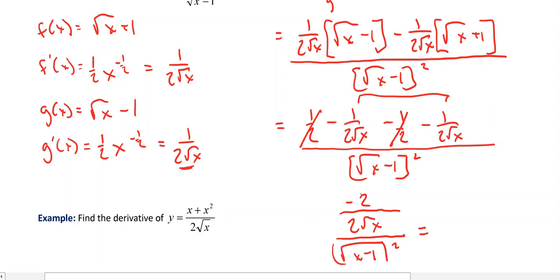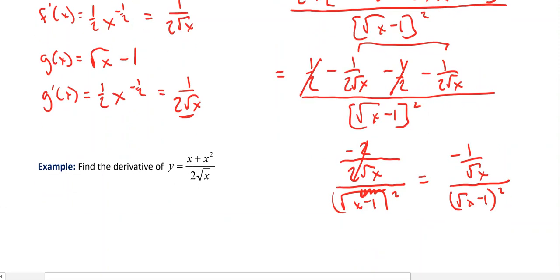And then these 2's cancel, so I have a negative 1 over the square root of x. And let's take care of this denominator. That's not underneath the radicals, times the square root of x minus 1 squared.